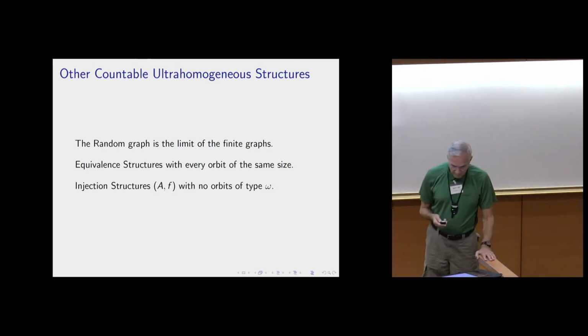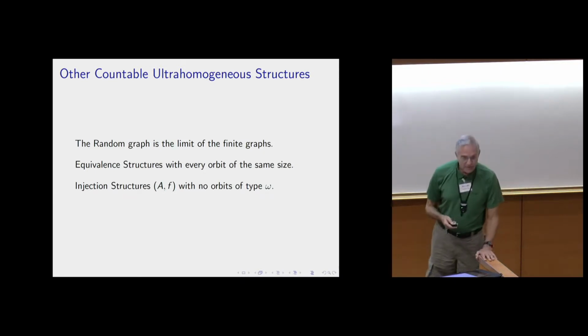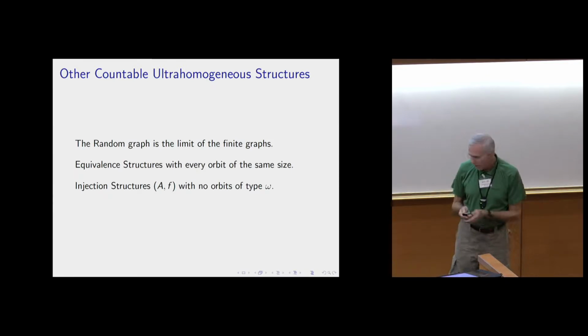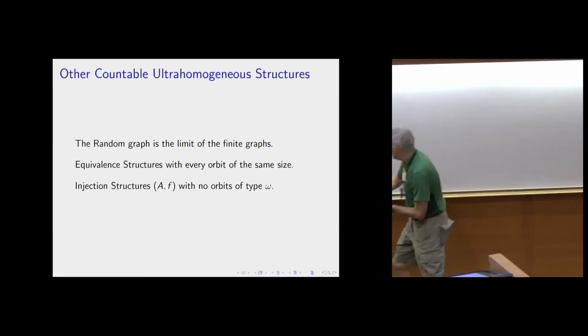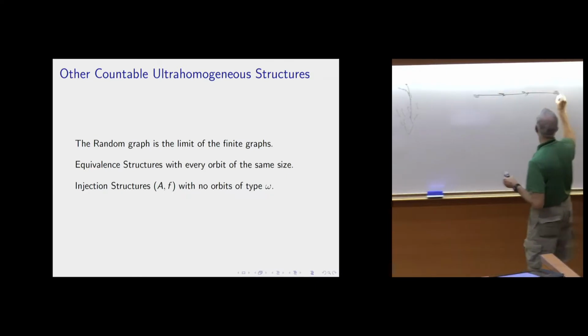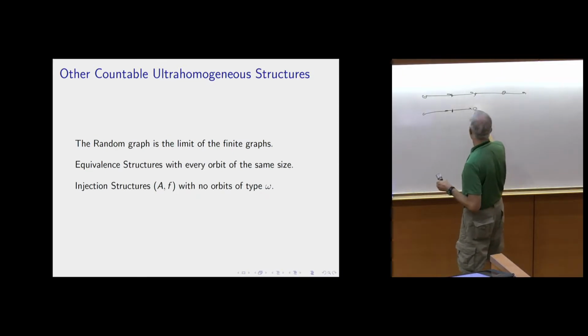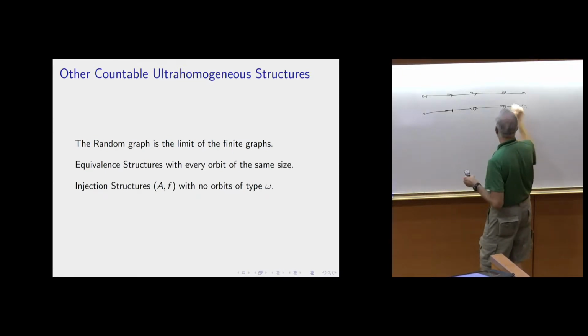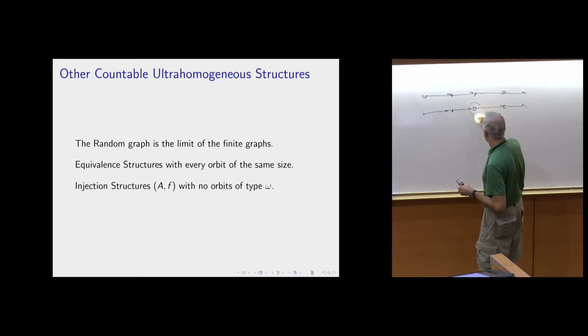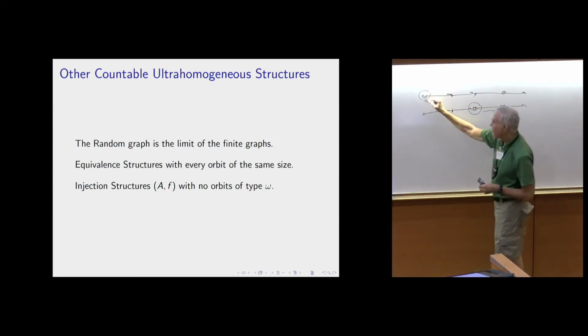So if you have a type omega orbit, the problem is that if you start at the beginning, you only map forward.